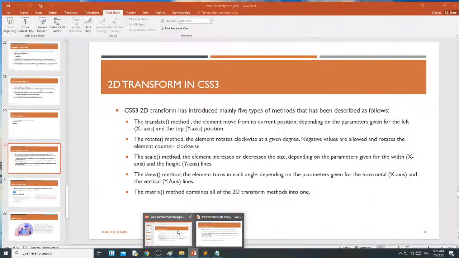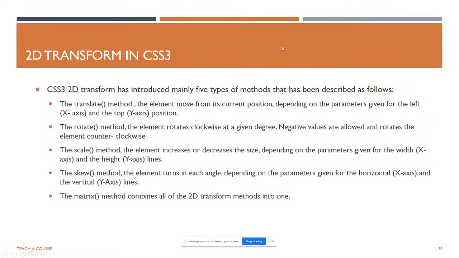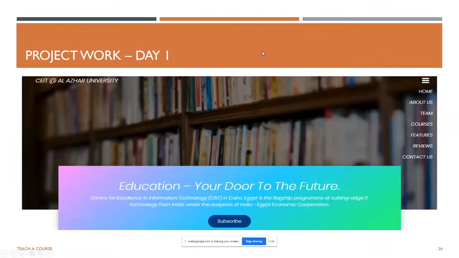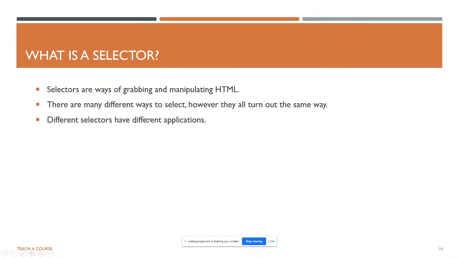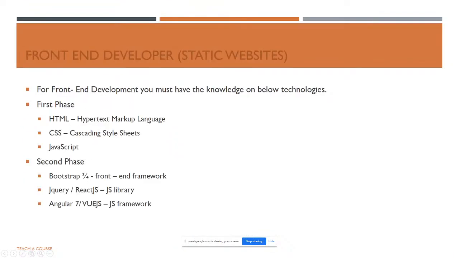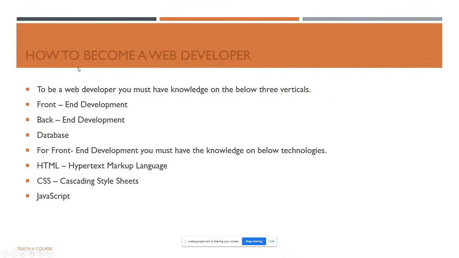In this presentation I have given basic data of each and everything. Like in the very beginning, I have given the data on how to become a web developer, what the basic needs are that you must know to become a web developer: front end development, back end development and database.